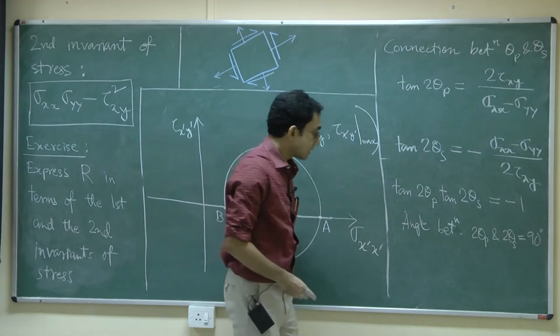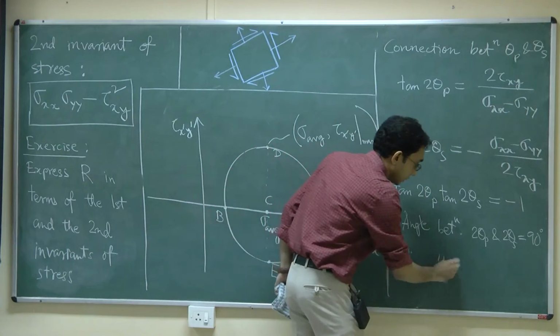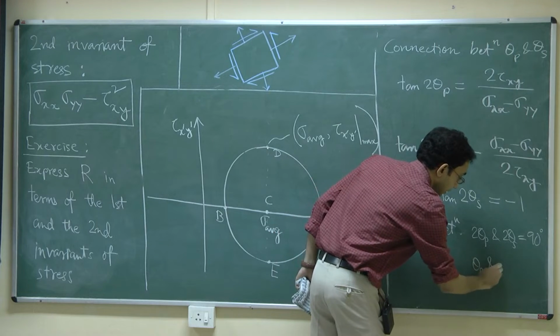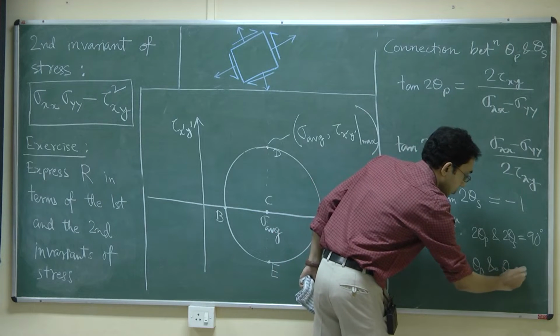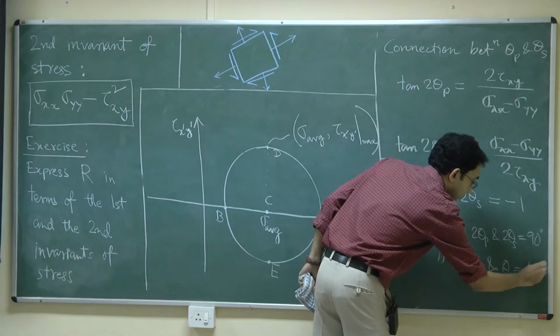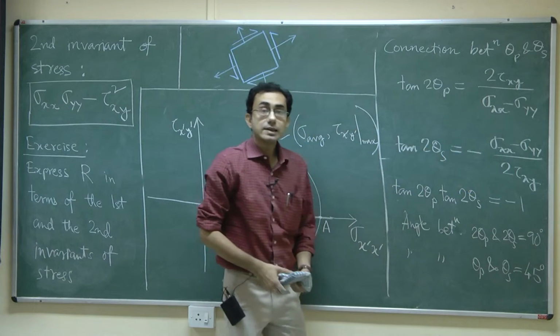But that means that the angle between theta p and theta s should be equal to 45 degrees. Why is this very important?